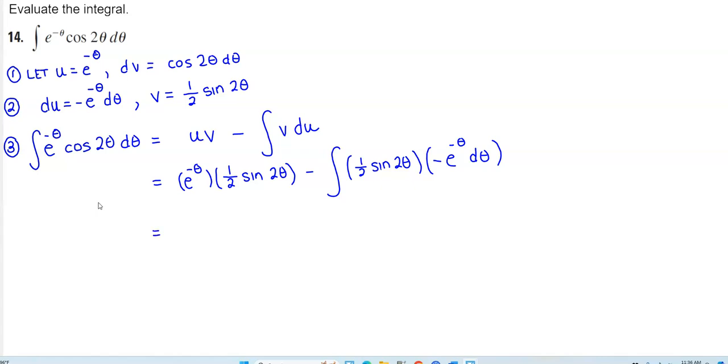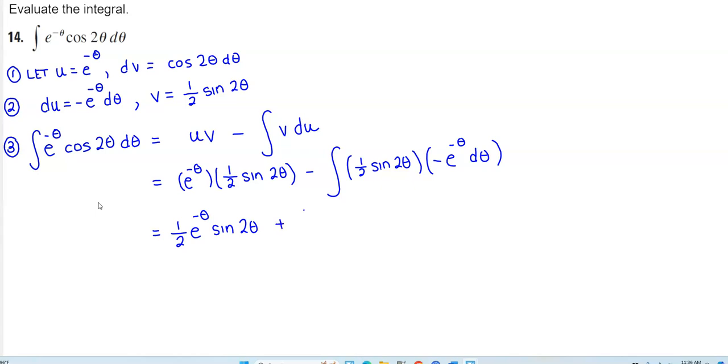Now let's go ahead and simplify this a little further. So we have 1/2 e to the negative theta times the sine of 2 theta. We're going to factor out the constant, so we have a negative times a 1/2 times a minus.